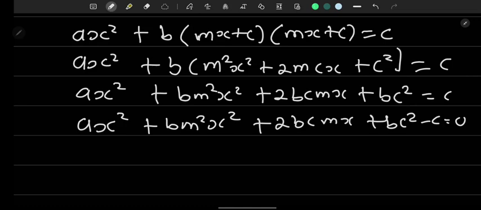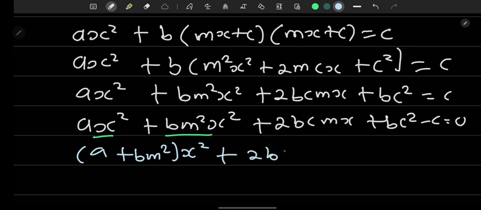When you look at this very well, you can see we have ax squared and bm squared x squared. So all you need to do is to factorize x squared out. You have (a plus bm squared) in brackets times x squared, plus 2bcmx plus bc squared minus c equals 0.